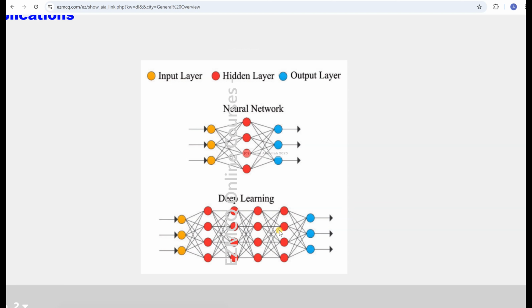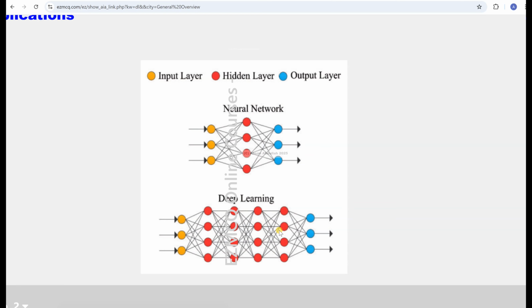But this is just the tip of the iceberg. Adding more layers doesn't automatically make deep learning. There's much more to it. That's what this course is. When more layers are added, that adds more complexity, of course.